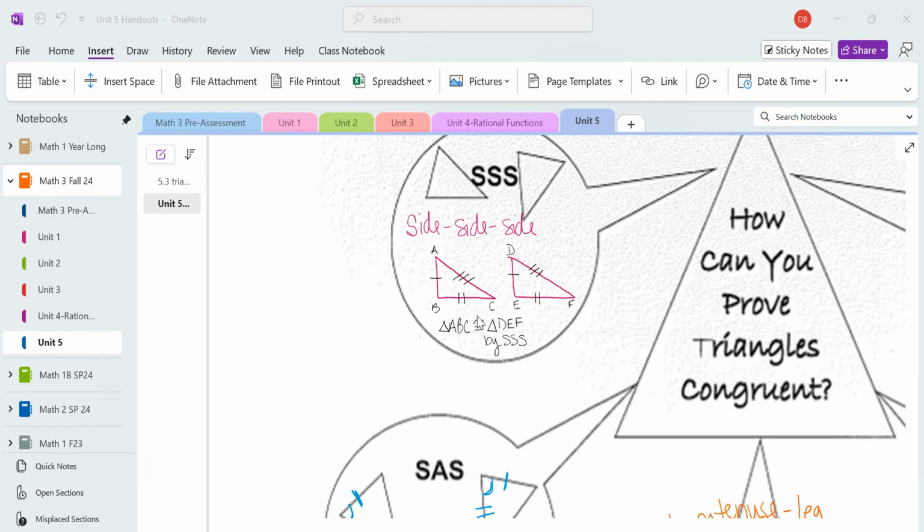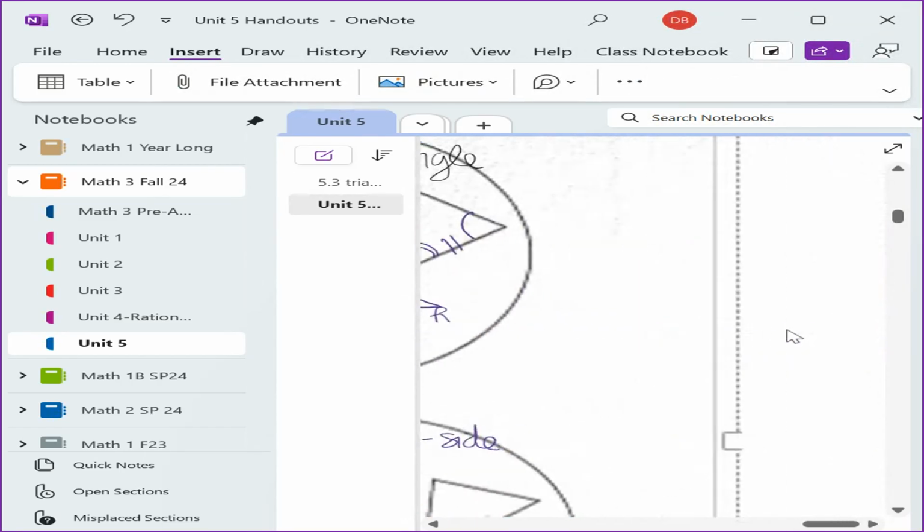So we're going to draw this diagram, because the more information you put on here, the more helpful it's going to be. We're going to draw this diagram on your little picture on the back side of your notes. You're just doing a sketch and labeling it A, D, C, B, and make sure that you mark the same things congruent. So I'm going to split my screen so you can see what I'm asking you to do.